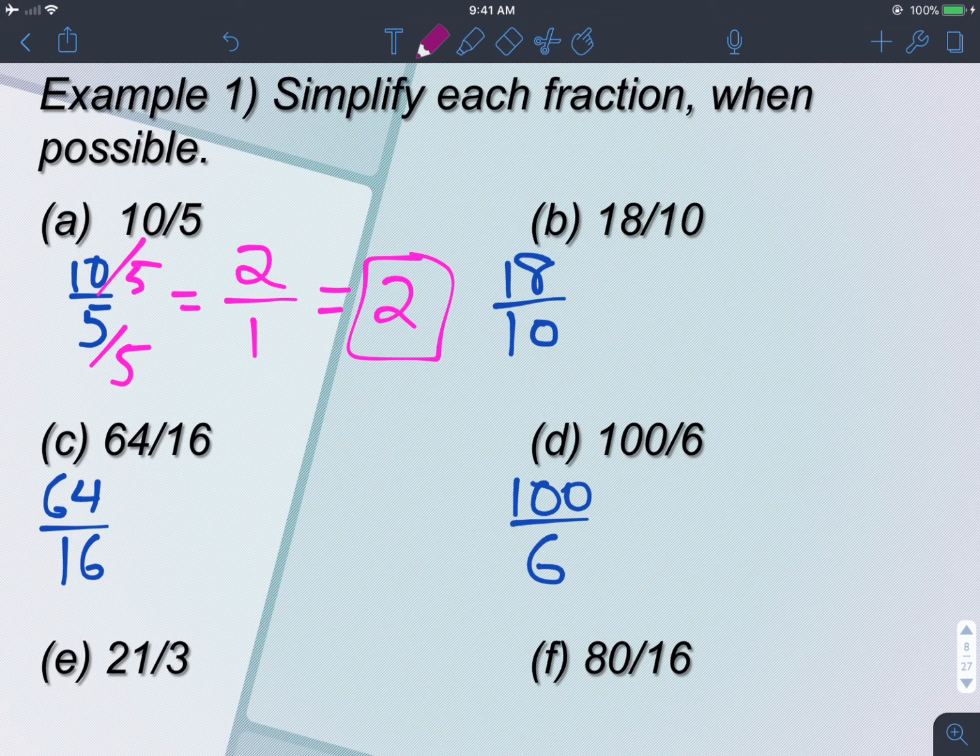What would be a common factor of 18 and 10? 2. 9 over 5. Now, turn that into a mixed fraction. Awesome. 1 4/5.